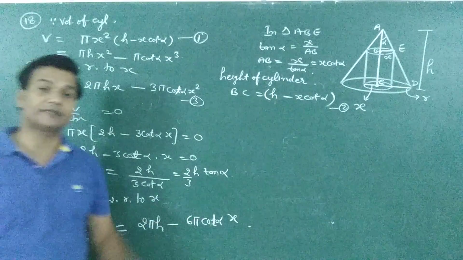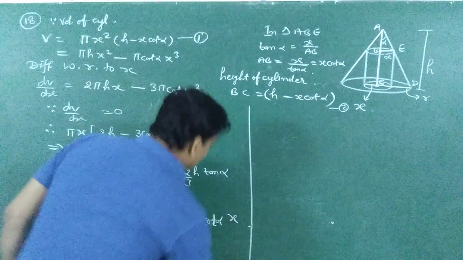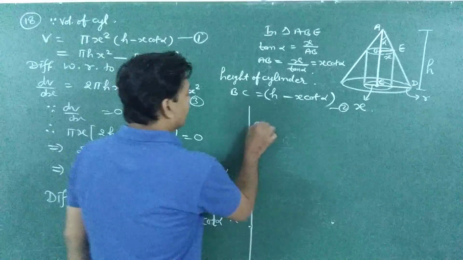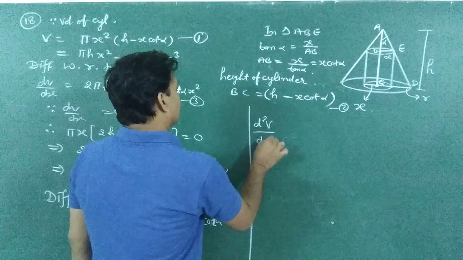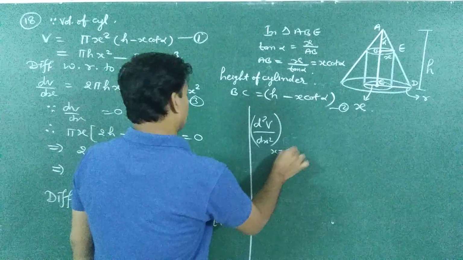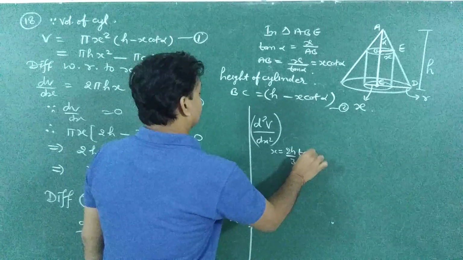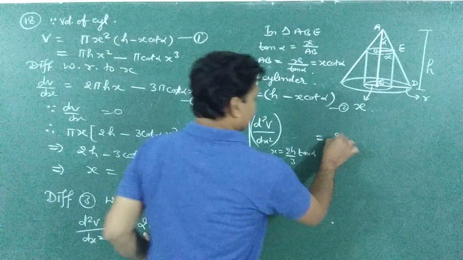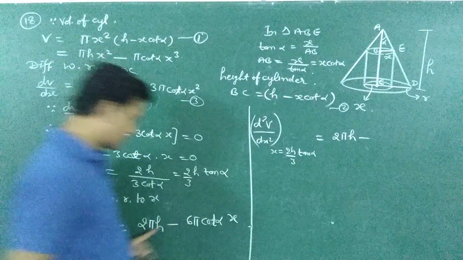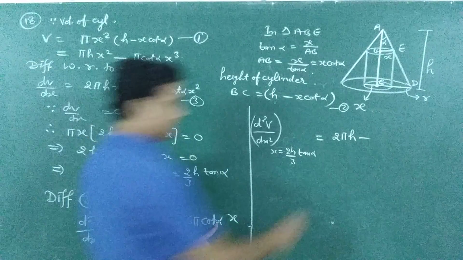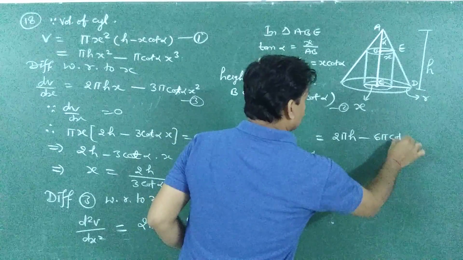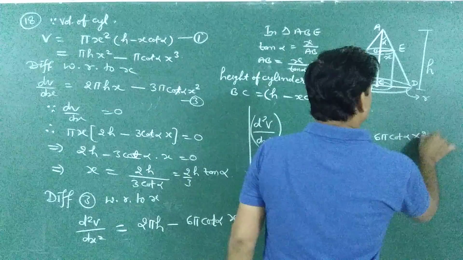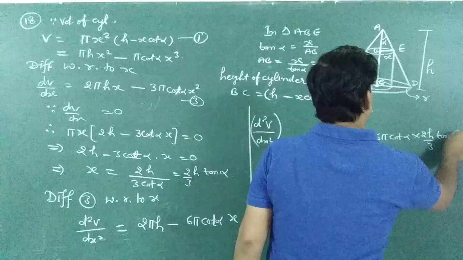This we have got. Now inside it we have to put this value of x here. So what we are getting, d2v by dx2 at x equals to 2h by 3 tan alpha: 2 pi h as it is, minus 6 pi cot alpha as it is, and the value of x is 2h by 3 tan alpha.